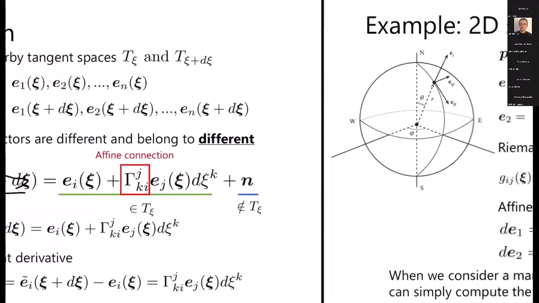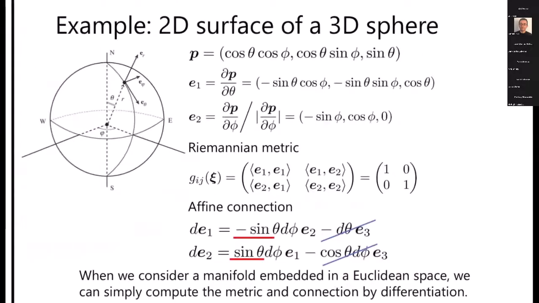Okay. Then here is a specific example of the affine connection and the Riemannian metric. This is an easy example where we can explicitly compute everything by simple algebra. In this case, this is just the 2D surface of a 3D sphere. So we have the coordinates of the manifold like this.